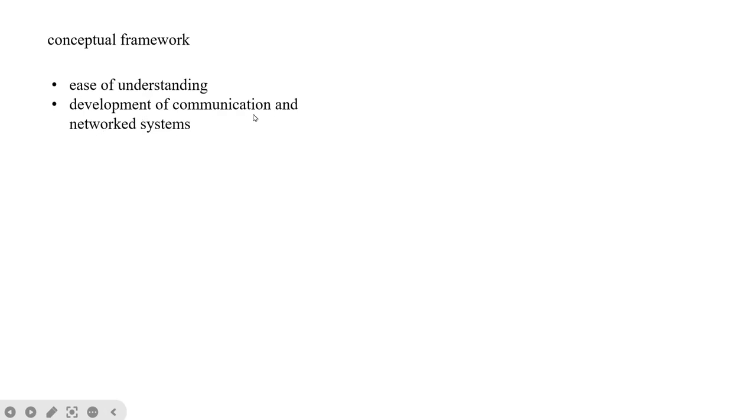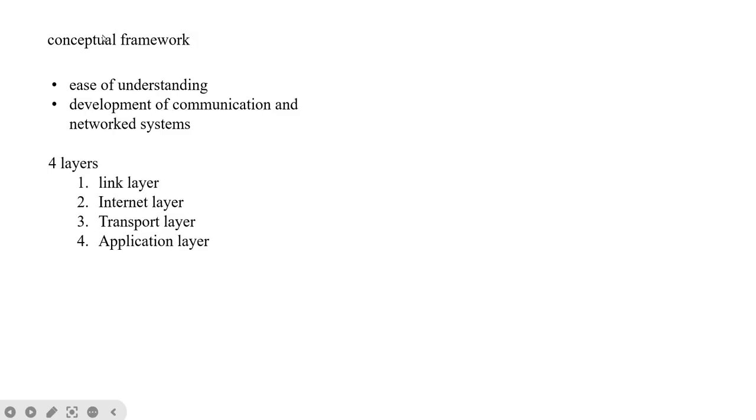The Internet Protocol Suite is a conceptual framework which provides levels of abstraction for ease of understanding and development of communication and networked systems on the internet. There are four layers of the Internet Protocol Suite. First is the link layer, second is the internet layer, then the transport layer, and the last is the application layer.